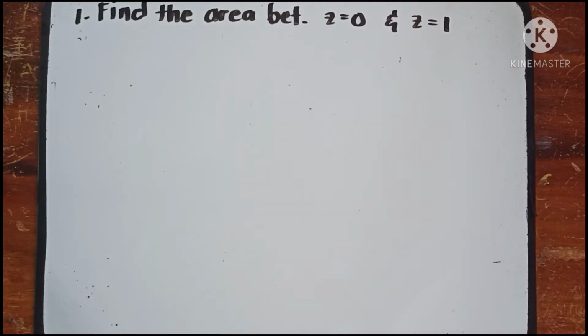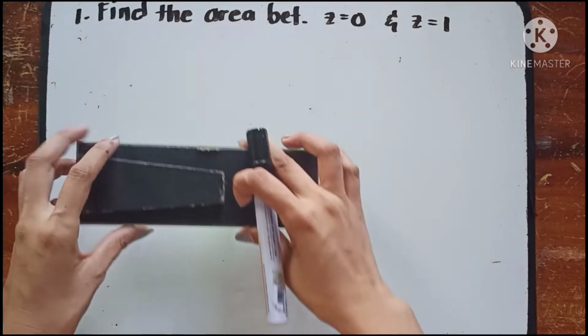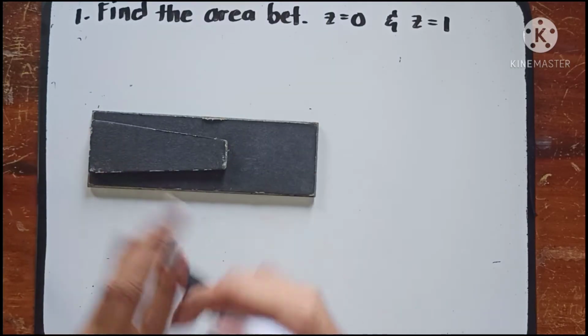Okay, so for example, number 1, find the area between z is equal to 0 and z is equal to 1. Okay, so to find the area, the first step is you're going to sketch the normal curve muna.